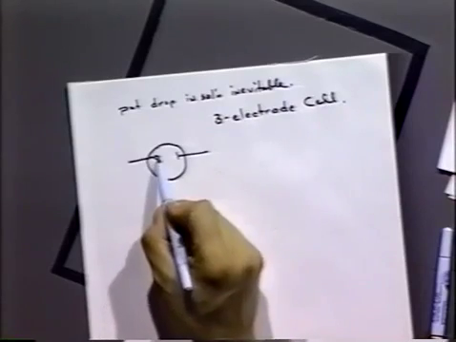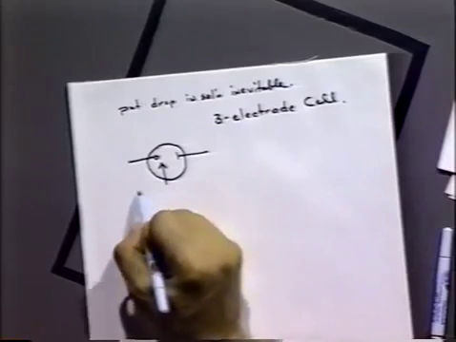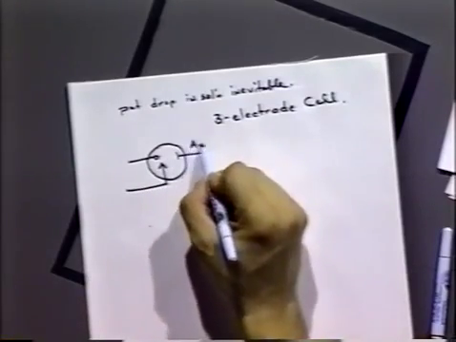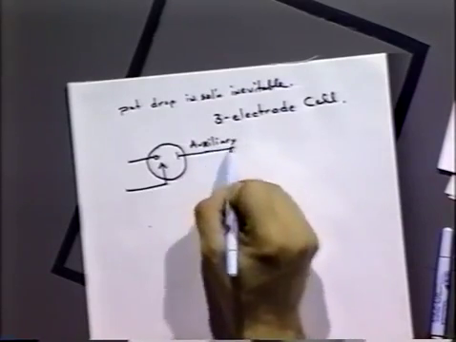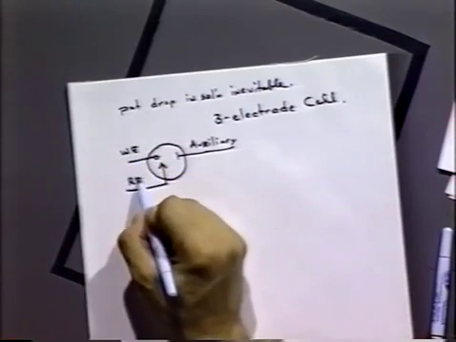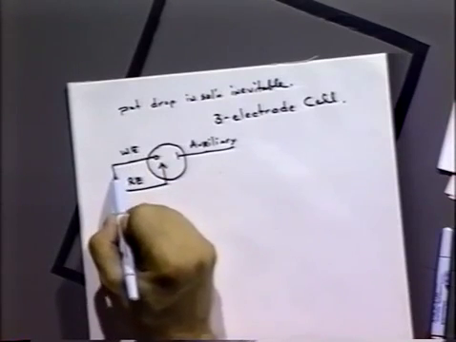And I've drawn in our normal working electrode, and I'm going to draw in our reference electrode here. And I'm going to draw in a 3rd electrode, and this electrode is called the auxiliary electrode. So this is our working electrode, the reference electrode, just like before. And how does this 3-electrode cell work?